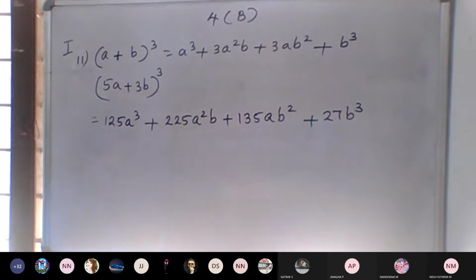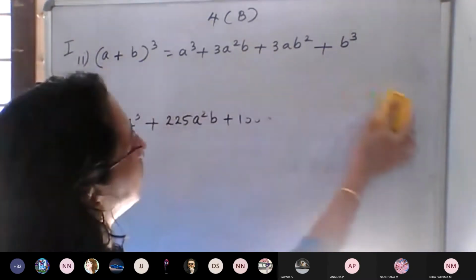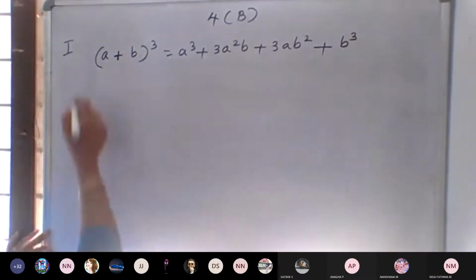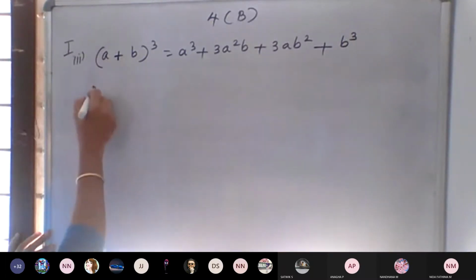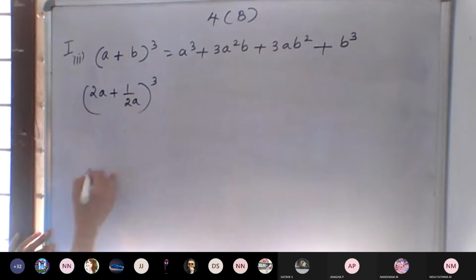So 125a cube. The next step, 2a plus 1 by 2a whole cube. Do it the same way. Third question, 2a plus 1 by 2a the whole cube.